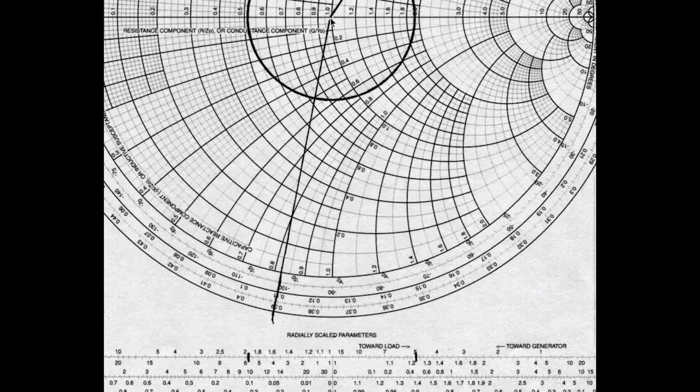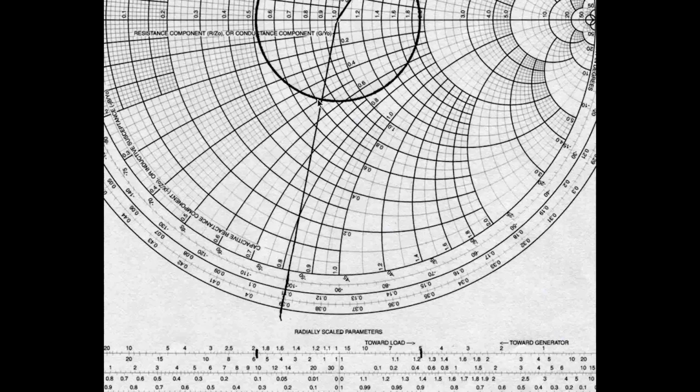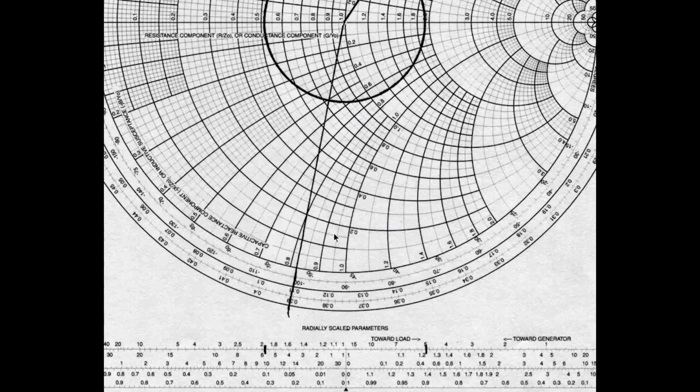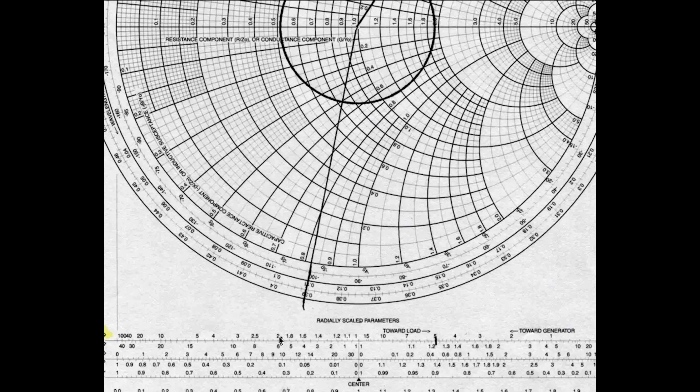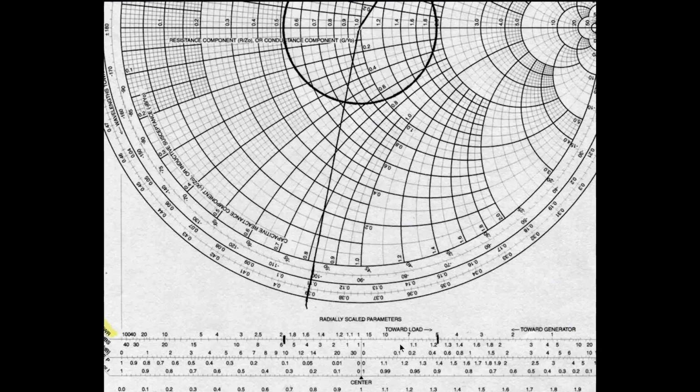So if I'm going to take this distance from prime center to the SWR circle, bring my compass back down here to prime center, and I'm going to swipe at this point and at this point. So I see that my SWR is somewhere in the neighborhood of 1.95, and my attenuation is falling somewhere on the scale at 5.